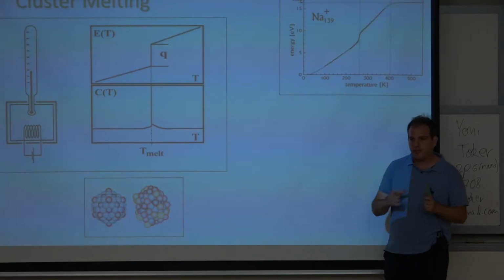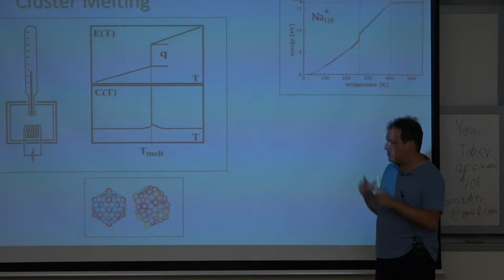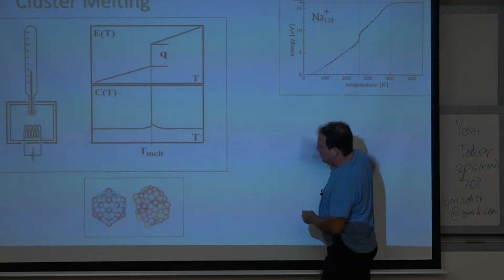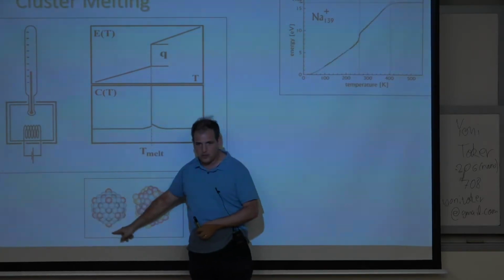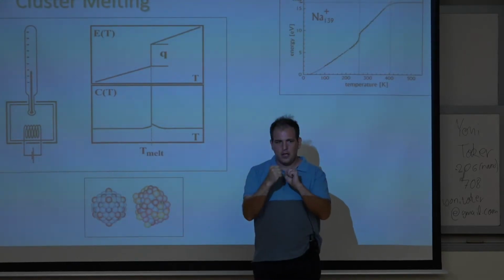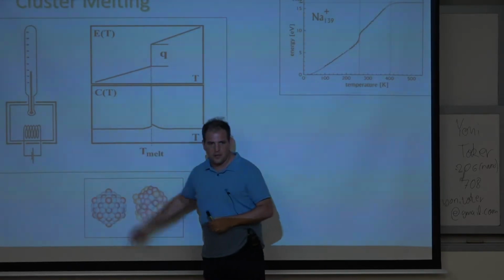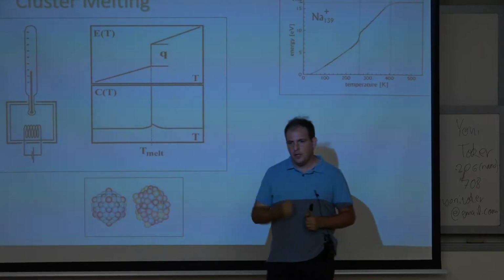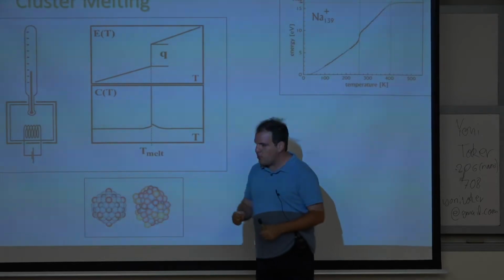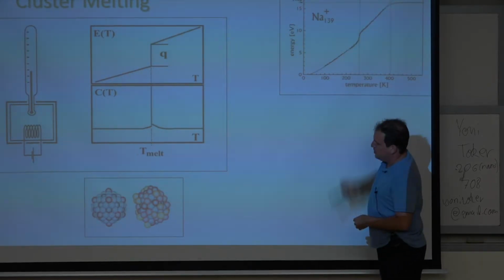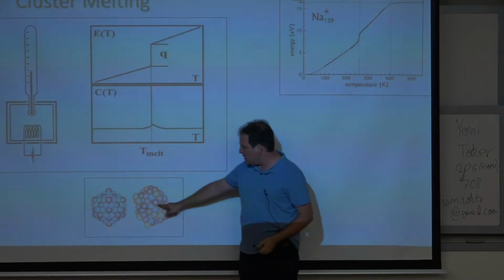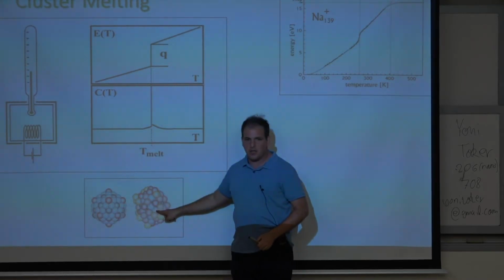Now if you're not a theoretician, if you're a physicist and you start to think about what happens, over here the cluster looks like something like this. You have the atoms, they are stuck together in some organized way, like a little crystal. Now you start heating it, the atoms start moving, but when you reach this critical temperature, suddenly they start moving at random, and the cluster becomes something like this.